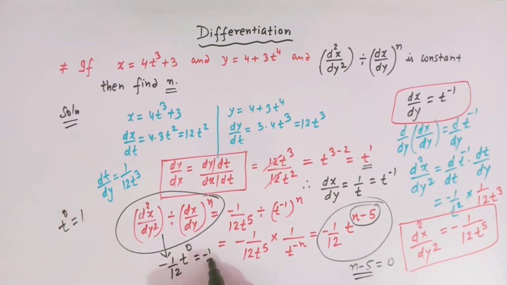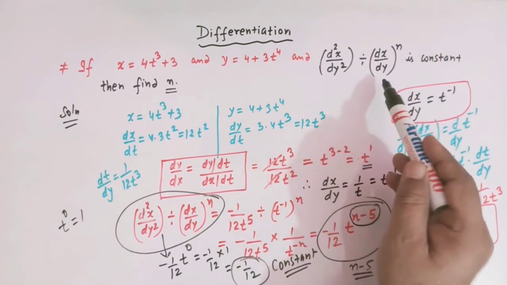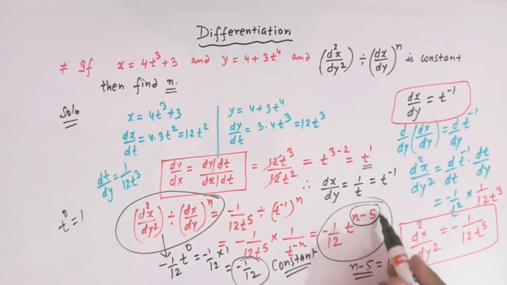So we have minus 1 over 12 times 1, that is minus 1/12, and this is a constant because it is independent of the parameter t. So in order for this term to be constant, this power must vanish, so n minus 5 must disappear, and n should be equal to 5.